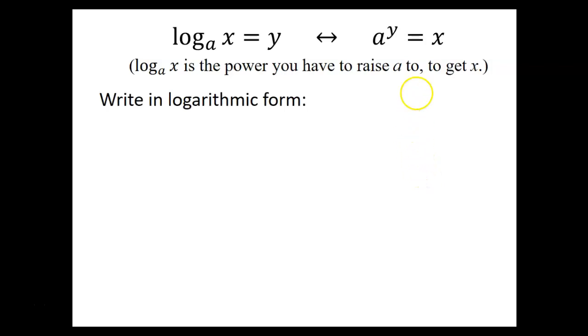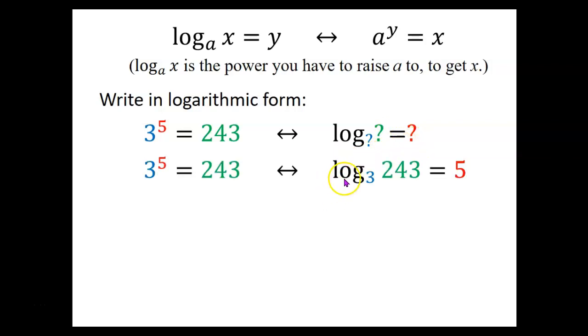Now let's try some in the other direction, going from exponential to logarithmic form. 3 to the 5th power equals 243. That would be log to the base what of what equals what? Answer, log to the base 3 of 243 equals 5.